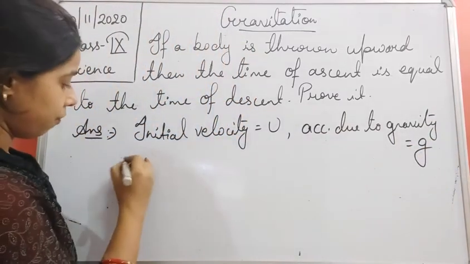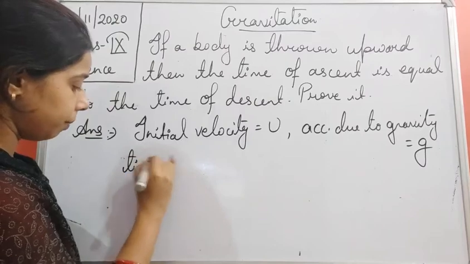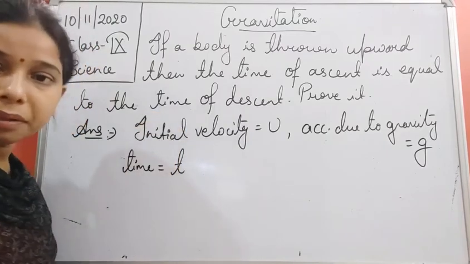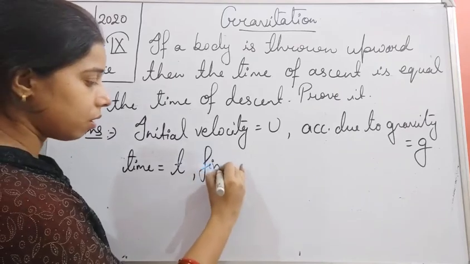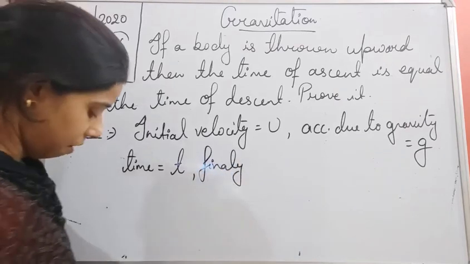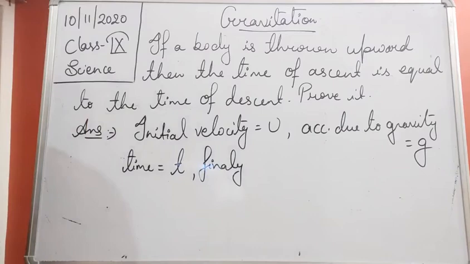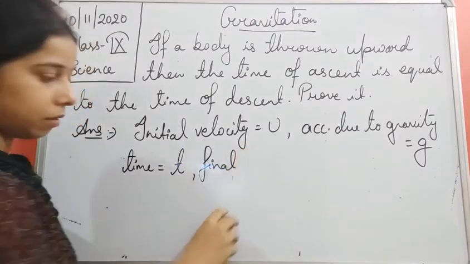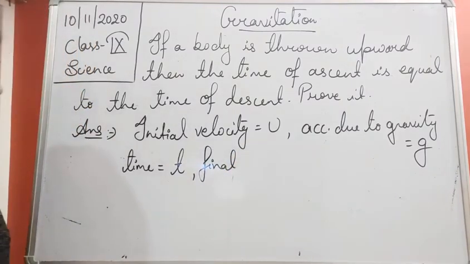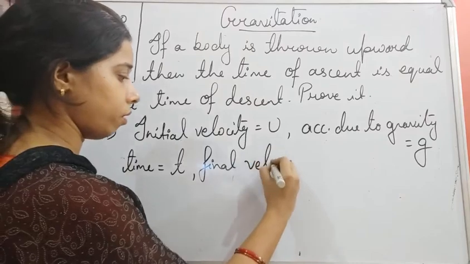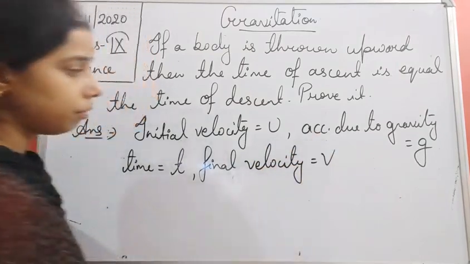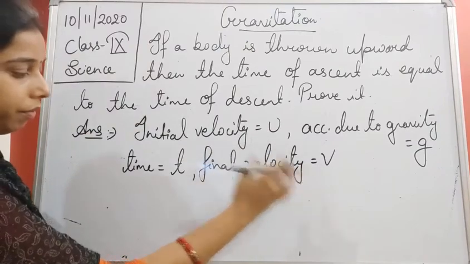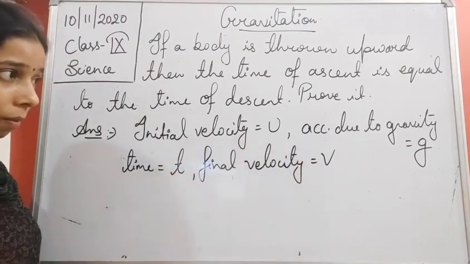Time we represent as t. And the final velocity is v. So we have u, v, t and g.